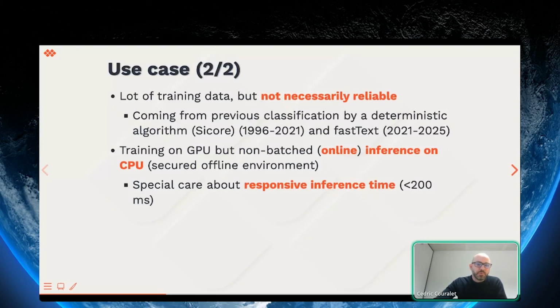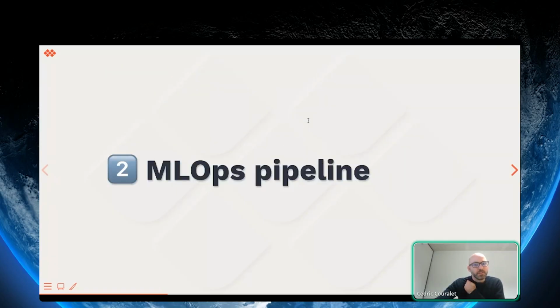And we need to be responsive with our inference time, under 200 milliseconds per prediction. So with this constraint in mind, I'll let Meilame explain how we at Insee modernized our pipeline.